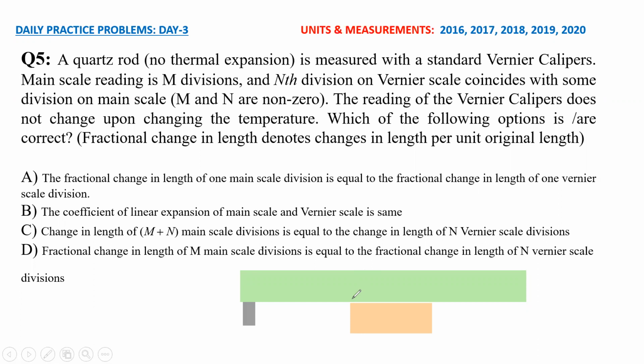Actually by vernier principle, for example, if the mth division on the main scale matches with the 0th division of the vernier scale, at that time typically the nth division on the vernier scale would have matched with n plus 1, n minus 1th division from here.